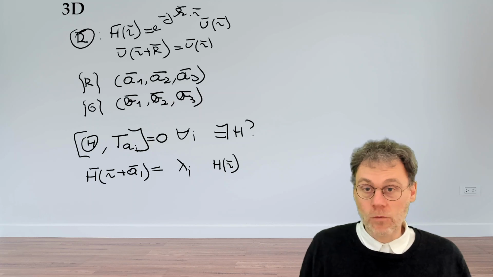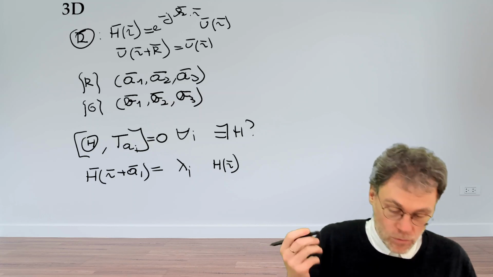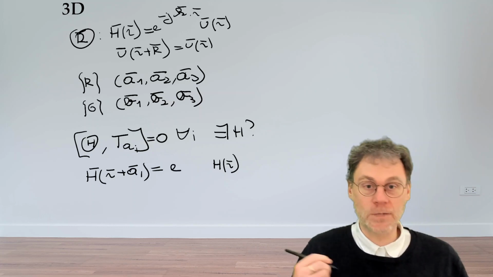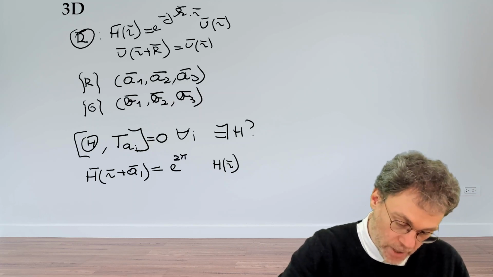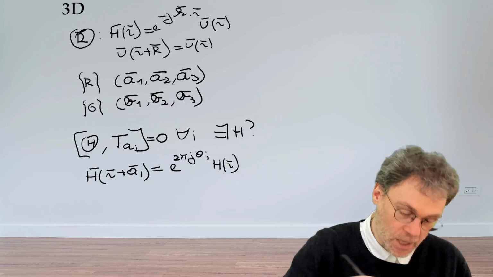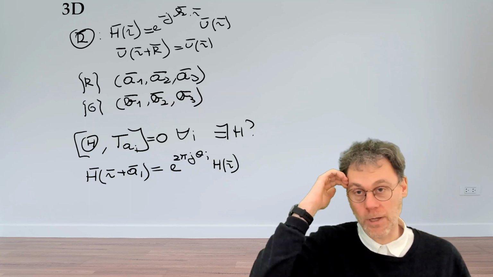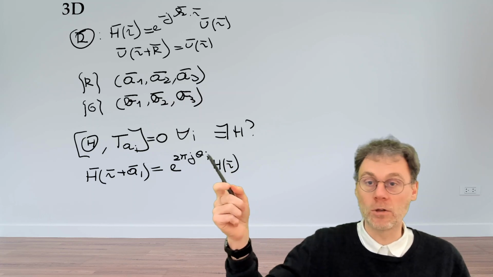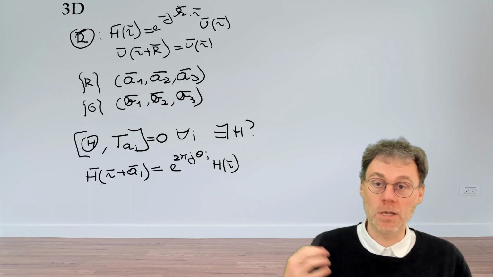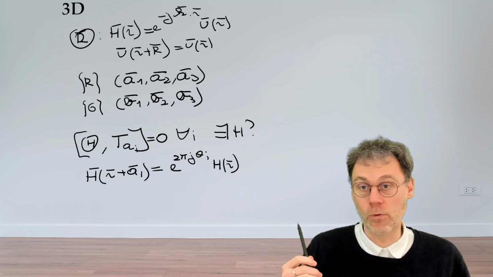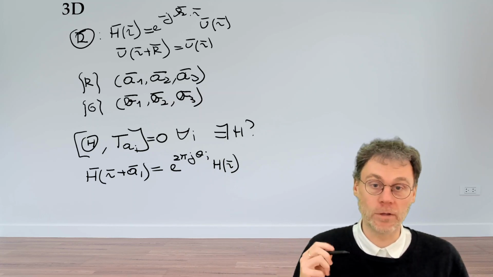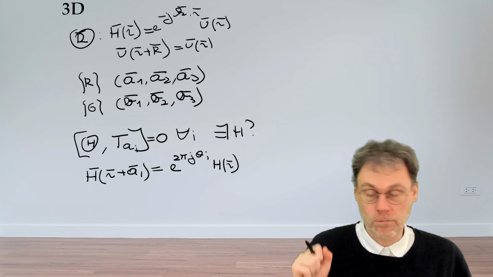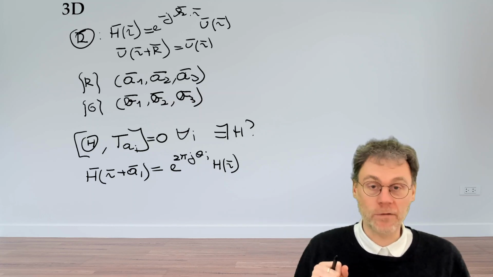Now this eigenvalue, we could call it lambda or mu or George or whatever, but let's here call it exponential 2 pi j theta_i. That's just a convention to make our life a bit easier. Basically what we're doing is introducing a number theta, which is not the eigenvalue itself, but rather proportional to the logarithm of the eigenvalue. So we have 3 different theta values.